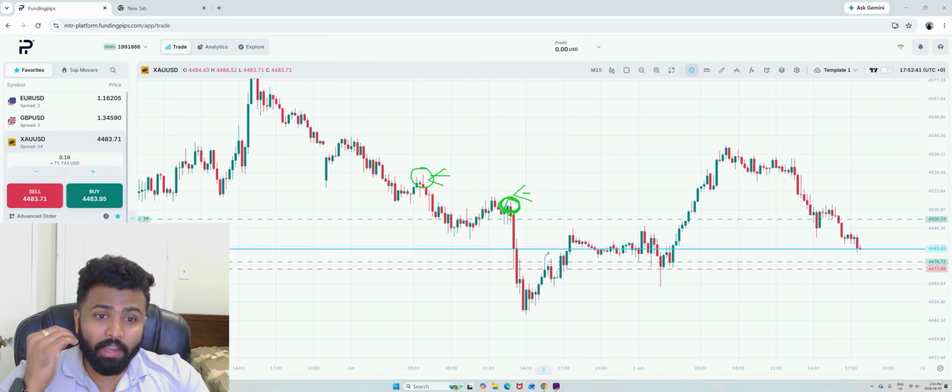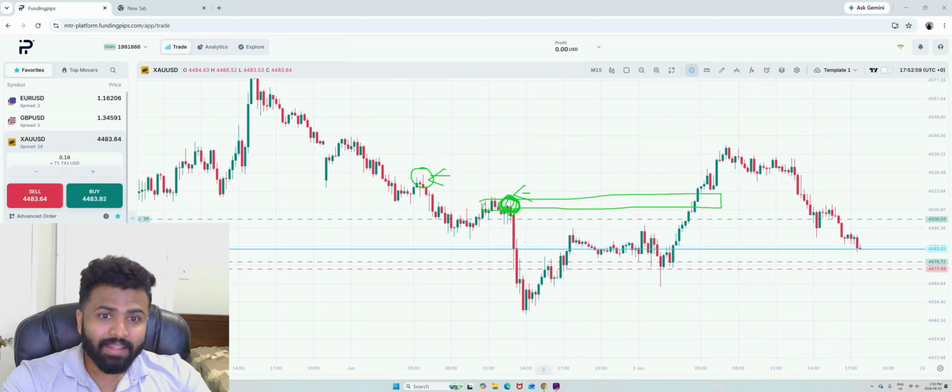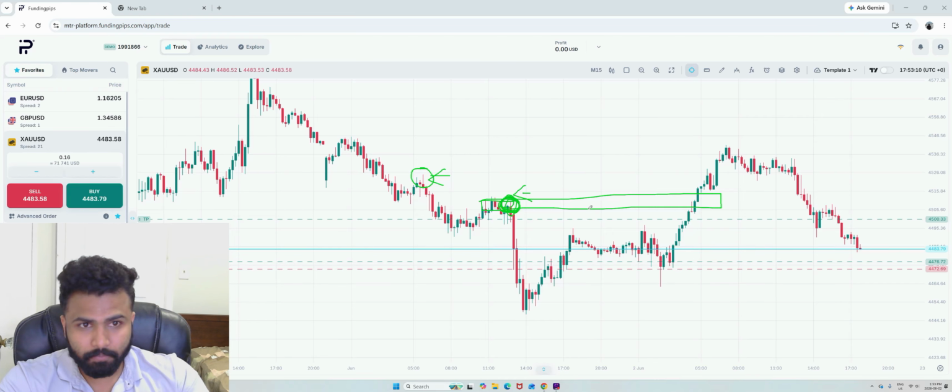If the market needs to make a reversal, then it has to take the stop loss of the last sellers. Otherwise, it will not make any reversal. So when this stop loss gets hit, the sellers will become buyers automatically. That's called technical analysis of how sellers become buyers and vice versa, how buyers become sellers.